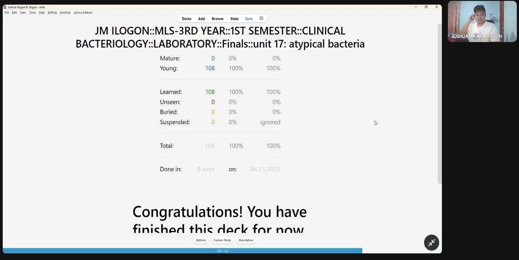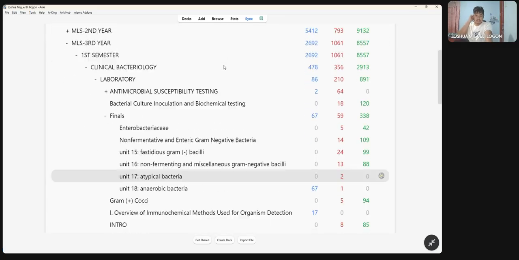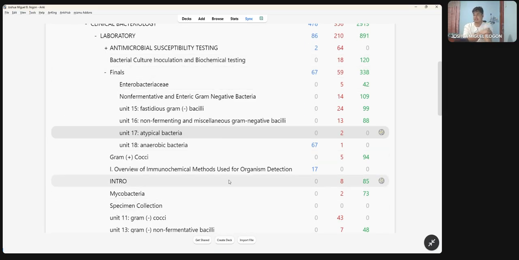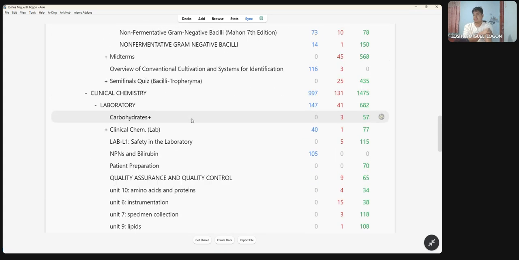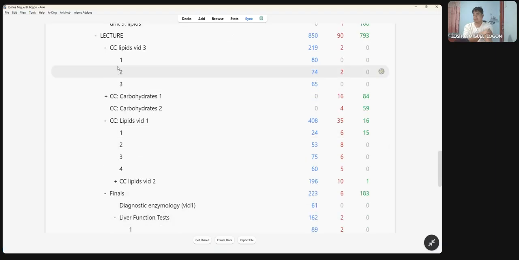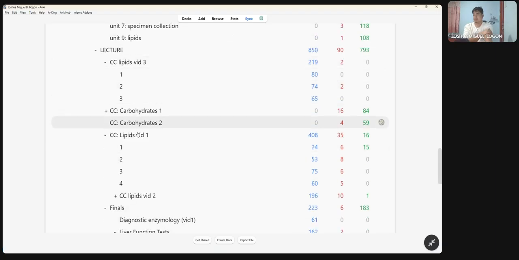Oh my gosh, finally. I finished the deck. Damn. I still have 67 flashcards. I'm gonna do clinical chemistry for a while. Lipids, bro.